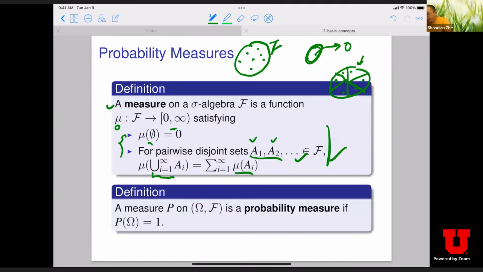Then if we put a restriction on the measure function, if you define your measure over the whole set as simply 1, then this measure is called a probability measure. Remember, this is the sample space. So the measure over the whole sample space is simply 1.